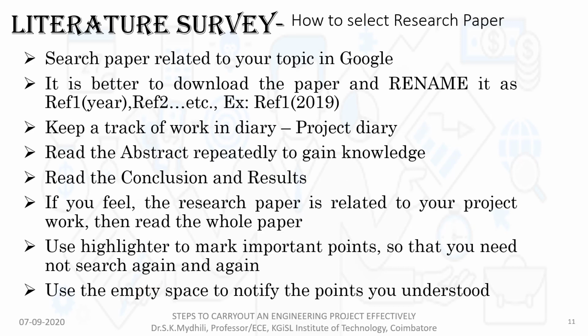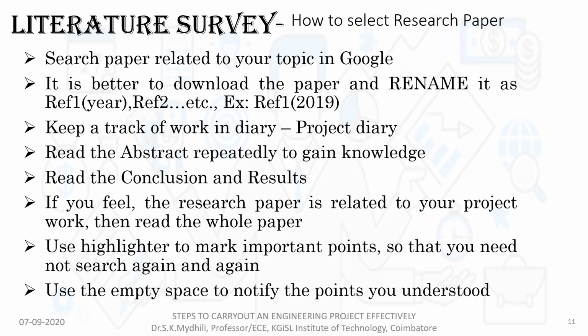Now I'm going to explain how to select research papers for the project title you have chosen. Search for papers related to your topic in Google. It is better to download the paper and rename it as reference 1, reference 2, etc. As I explained in the previous slide, refer to papers at least 5 to 8 years back from the present year; for example, now it is 2020, so at least 5 years back.